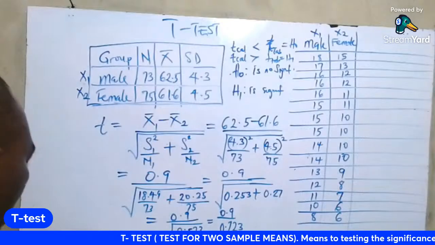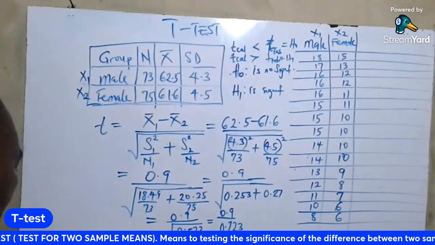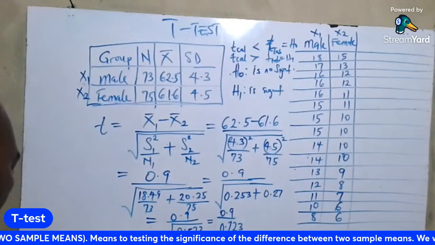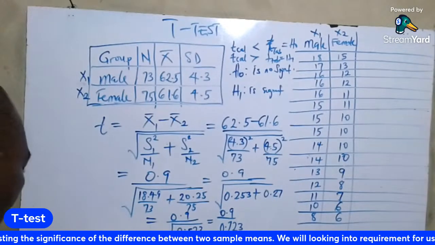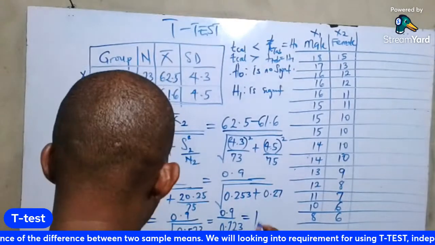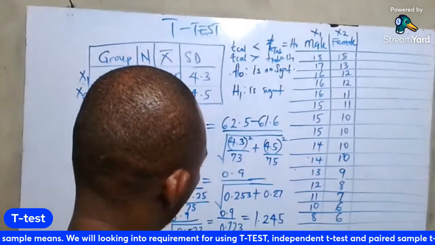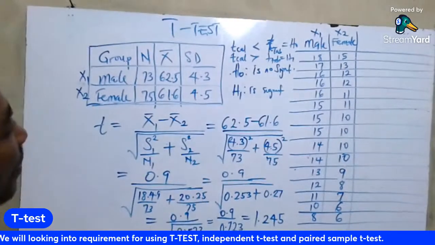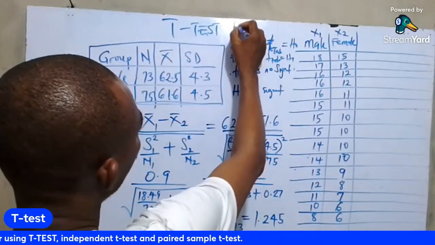Let me take it to 3 decimals. So when I divide 0.9 by 0.723, that will be equal to 1.245. So that means my T calculated now is 1.245.